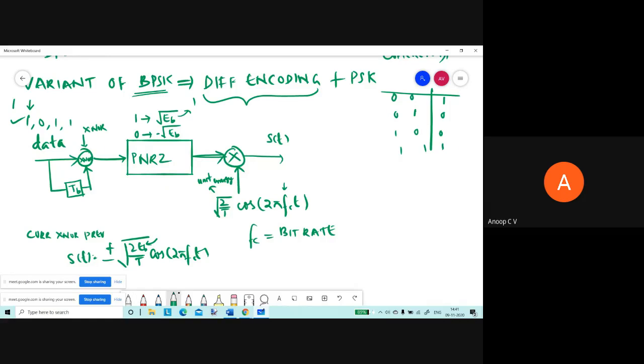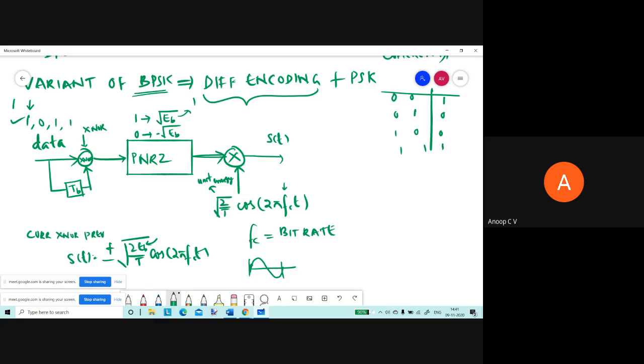The reason is, if I want to represent a 1 or 0, then for a complete bit duration, minimum 1 cycle of a carrier should be there within a bit duration, right? It will be satisfied only when fc is at least equal to the bit rate numerically, right?